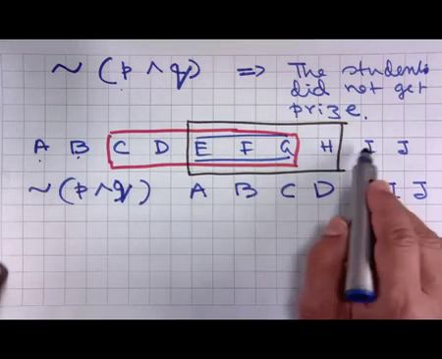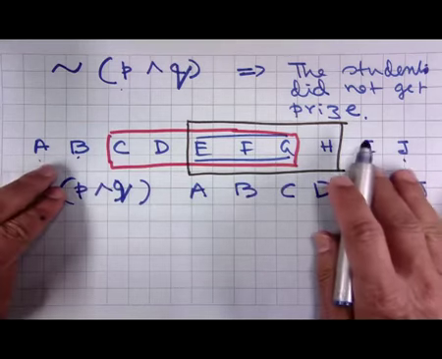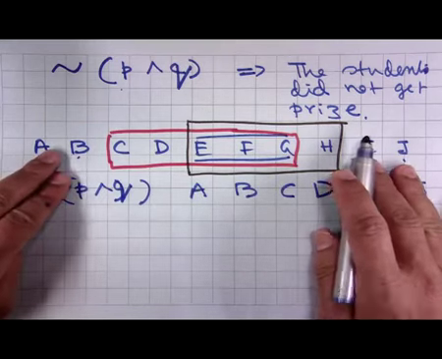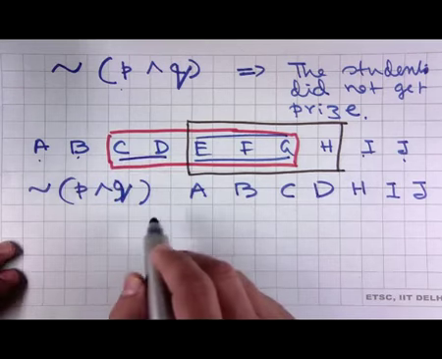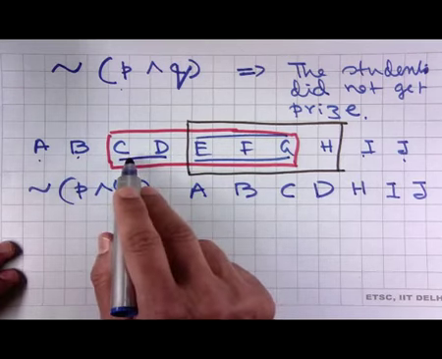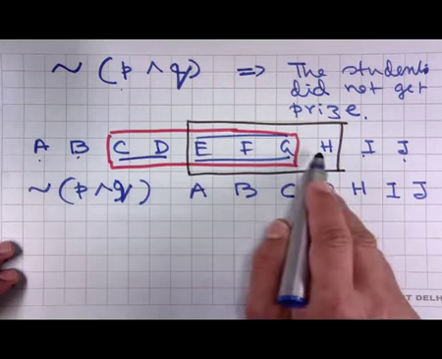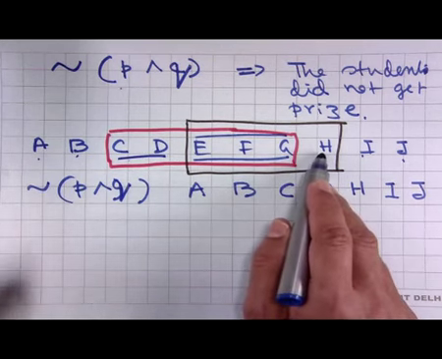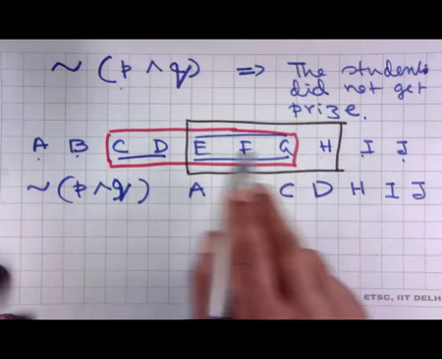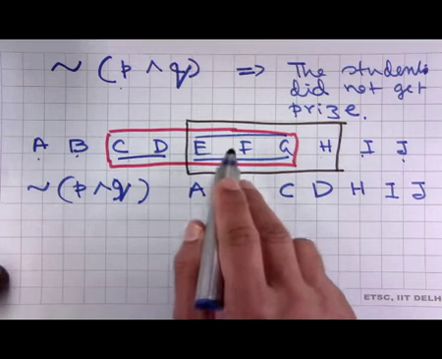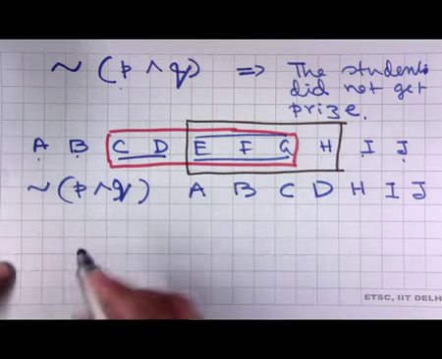A, B, I, J, they did not get 95% in any of the subjects. C and D have got 95% in maths, but did not get it in computer science. H got 95% in computer science, but did not get it in maths.